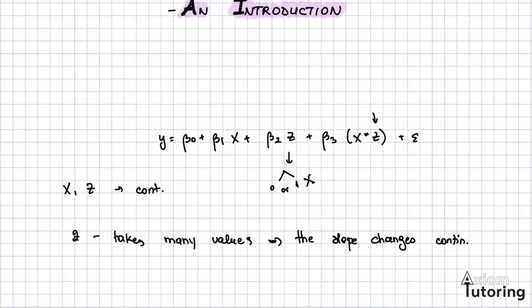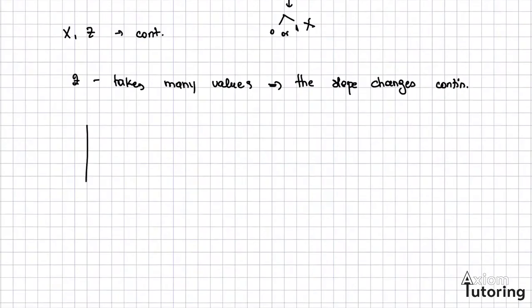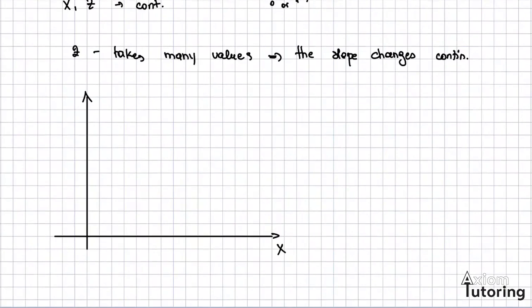So if you were to have a mental image of this, guys, drawing 3D is probably not the easiest, so I'm just going to try and stick with 2D here. Just imagine you've got X and Y here.